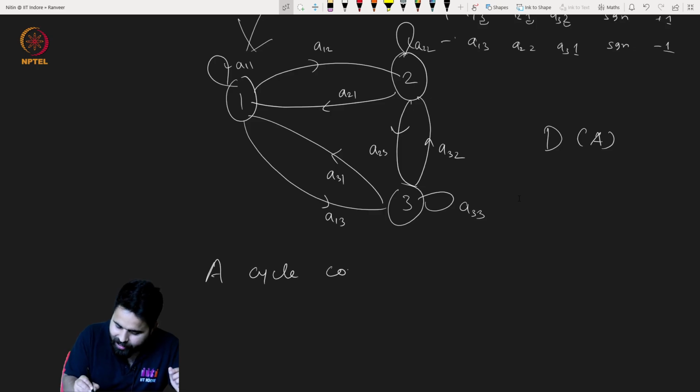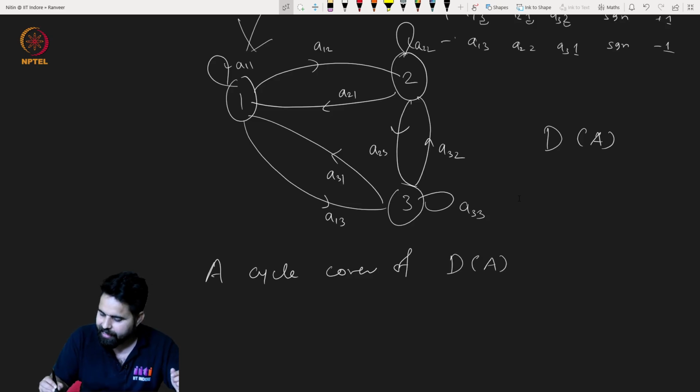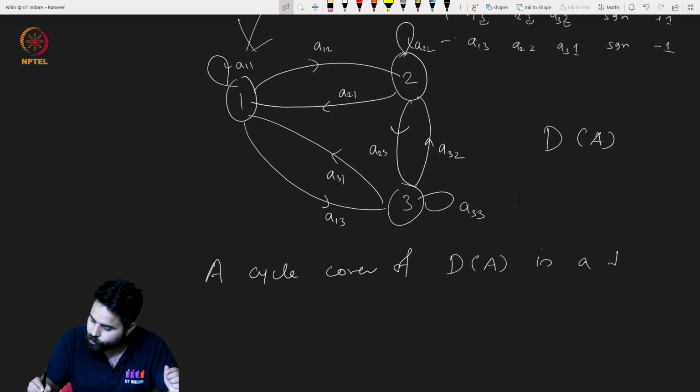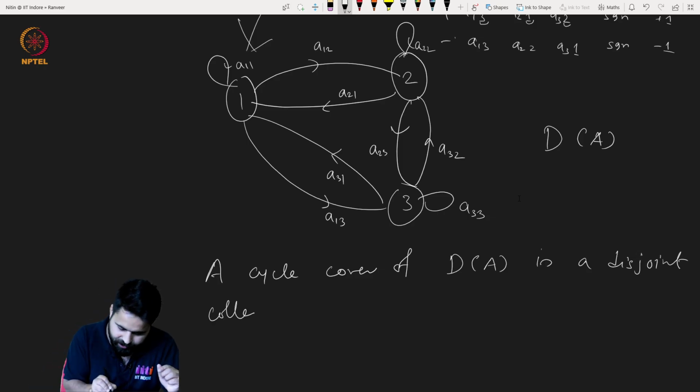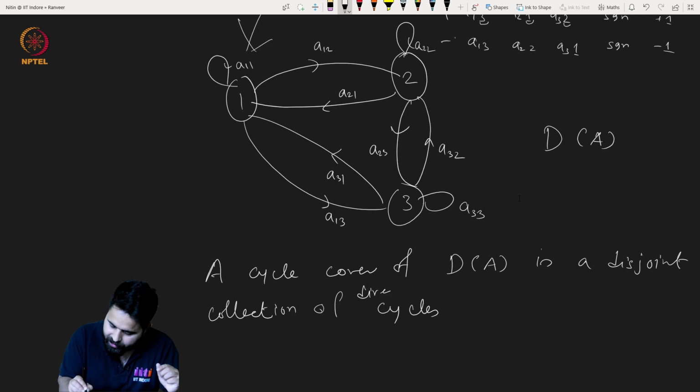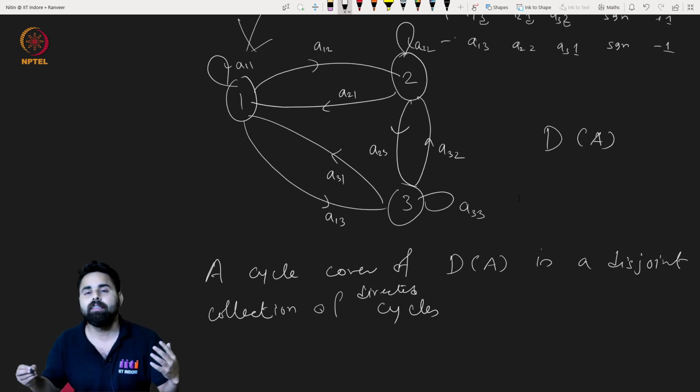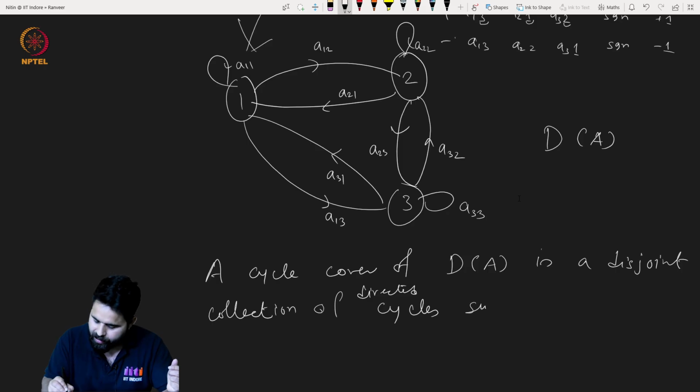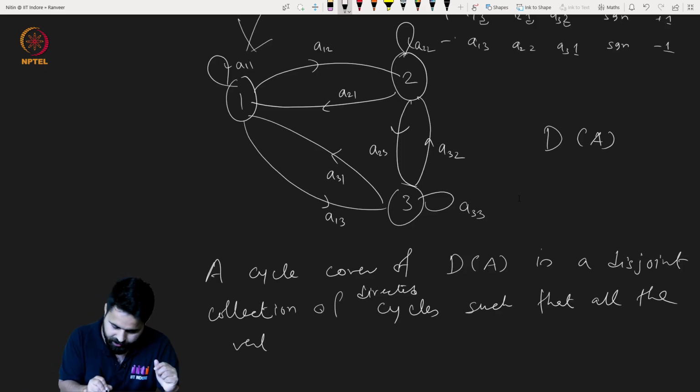A cycle cover of DA, the directed graph, is a disjoint collection of directed cycles such that all the vertices are covered.